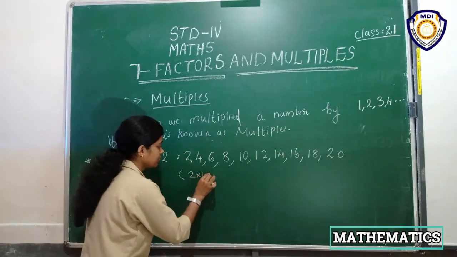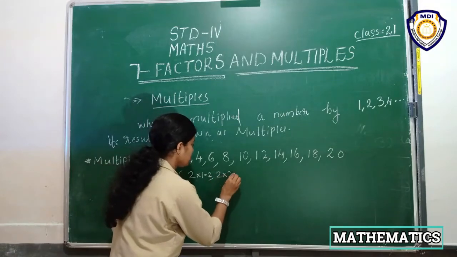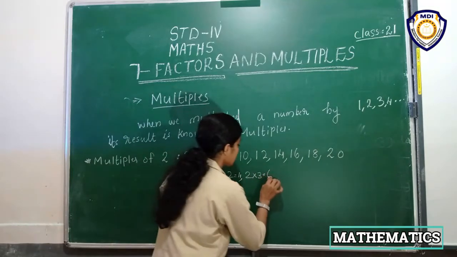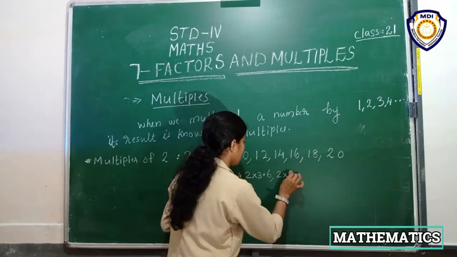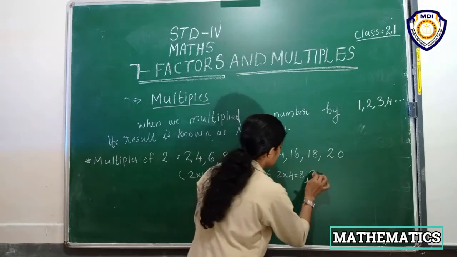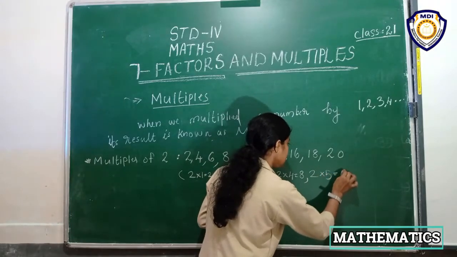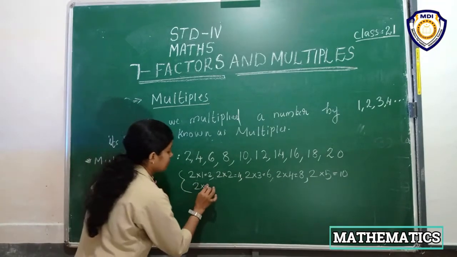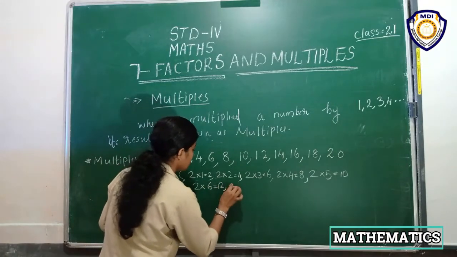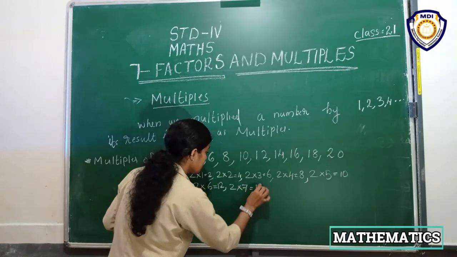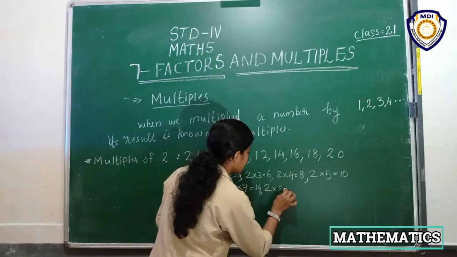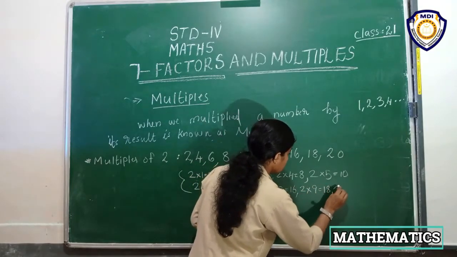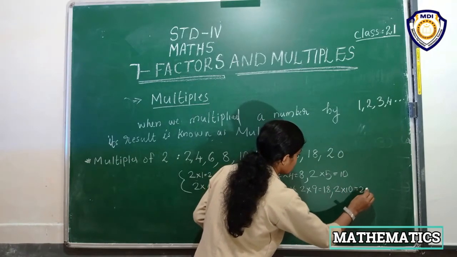2 into 1, 2. 2 into 2, 4. 2 into 3, 6. 2 into 4, 8. 2 into 5, 10. 2 into 6, 12. 2 into 7, 14. 2 into 8, 16. 2 into 9, 18. 2 into 10, 20.